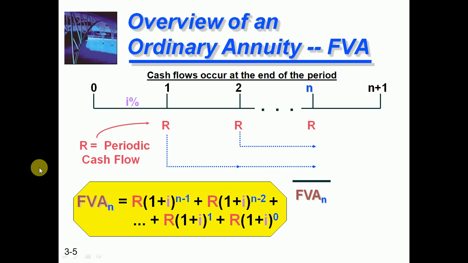Now we will discuss the formulas of ordinary annuity and annuity due. See, there is some payment. Take that payment as suppose $1,000.